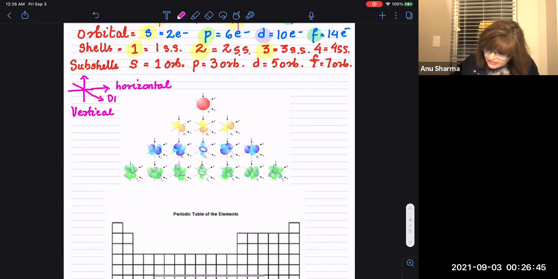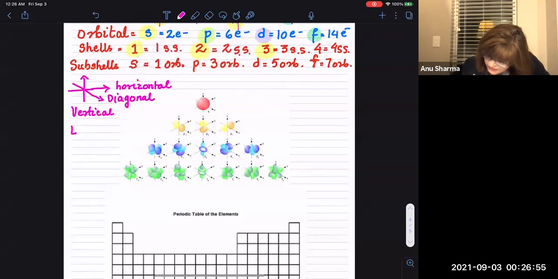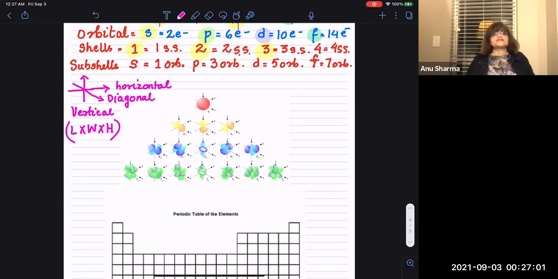And this is diagonal. So in 3 dimensions: length, width, and height. Length times width times height. That is generally the volume of substances. So this is in 3 dimensions.